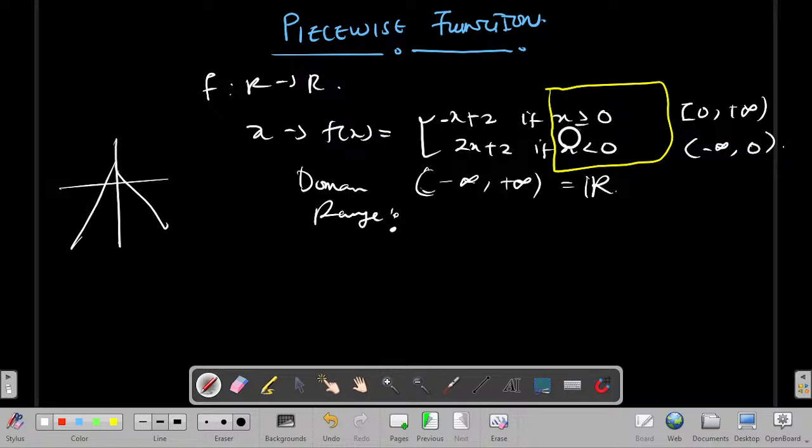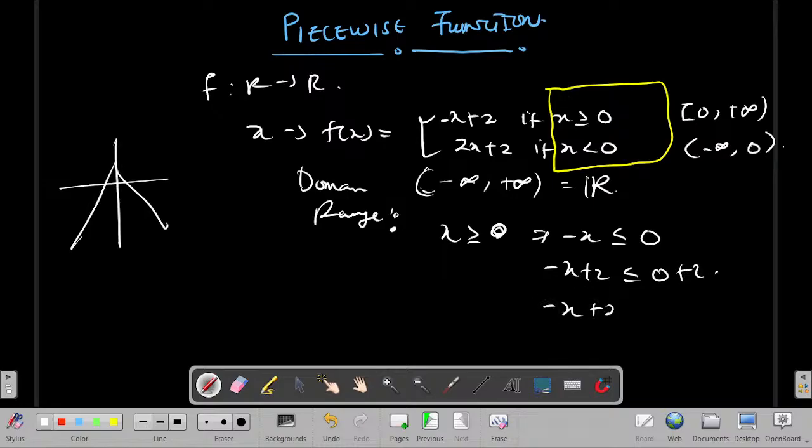Now, for the first one, if x is greater than or equal to 0, what are you getting? Negative x plus 2. How do we modify this to get negative x plus 2? I'll first negate it. This will give me negative x is less than or equal to 0. Then I'll add 2. Negative x plus 2 is less than or equal to 0 plus 2. Therefore, negative x plus 2 will be less than or equal to 2.